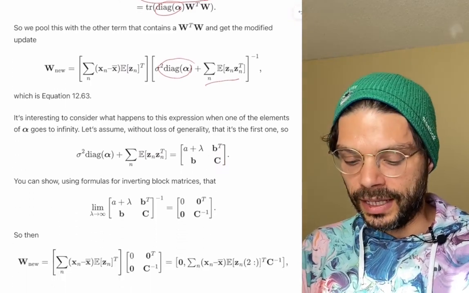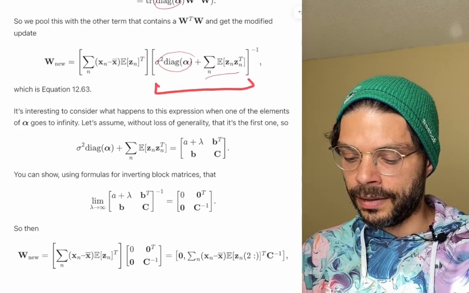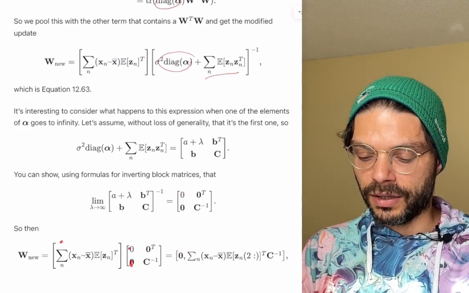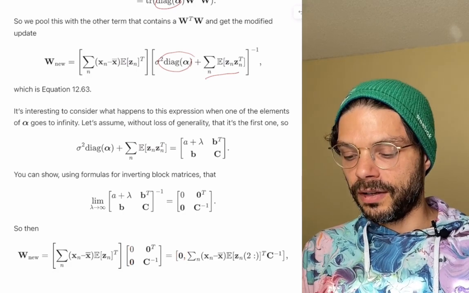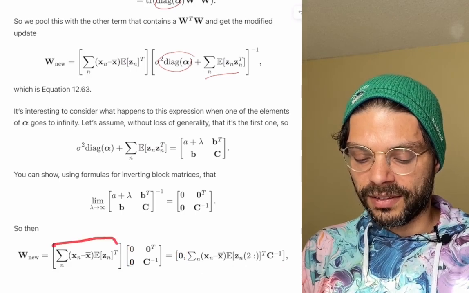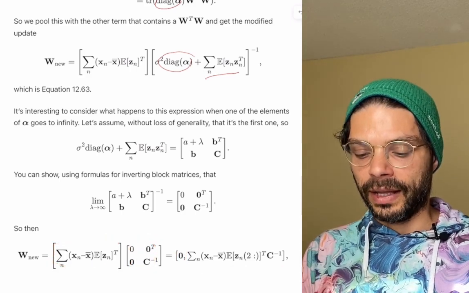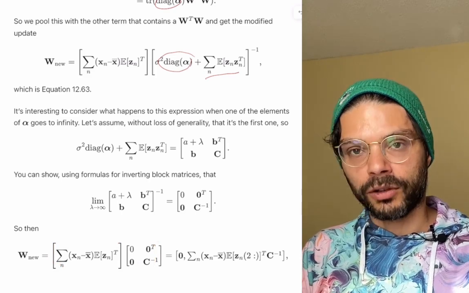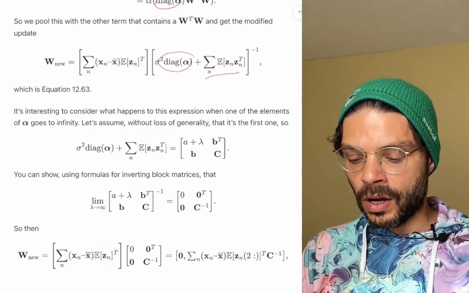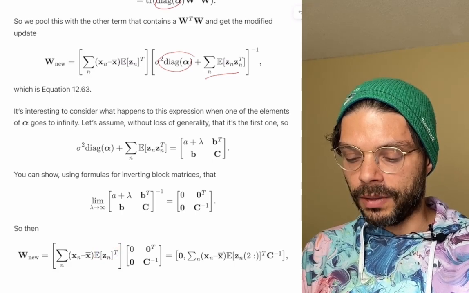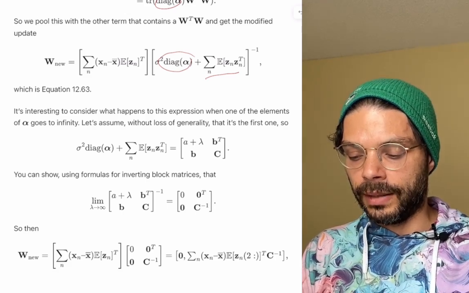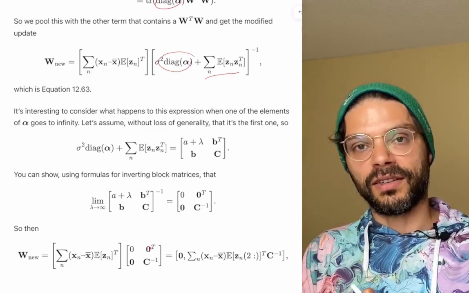So then when you plug things in, so now this is the inverse that you're plugging in, what you'll see is that, because these are 0, the very first column, you're going to multiply this by 0, 0, you're going to get a 0, right? So that first column is going to be set to 0. And then to determine the remaining columns, where you've got this sum that's multiplying 0 and C, when you actually multiply this expectation, what's going to matter is actually the second element, because the very first element every single time is going to be set to 0.